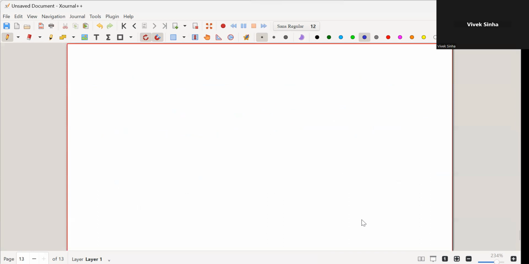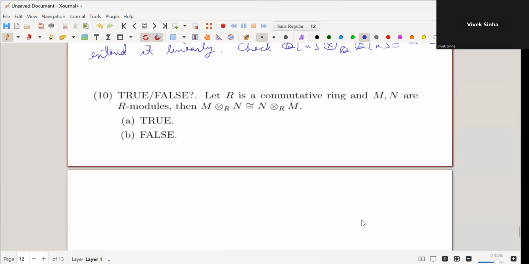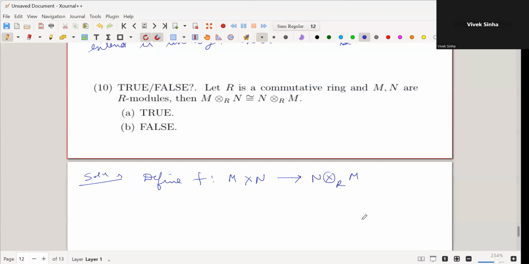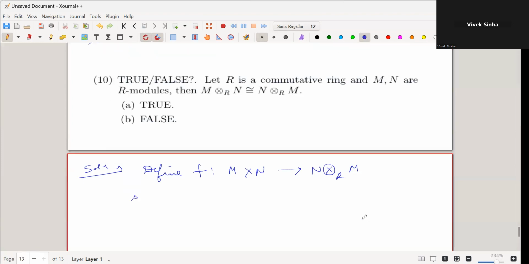So the 10th question says R is a commutative ring and M and N are R modules. Then M tensor N is the same as N tensor M. So you define f from M cross N to N tensor M such that f of (m, n) is n tensor m.